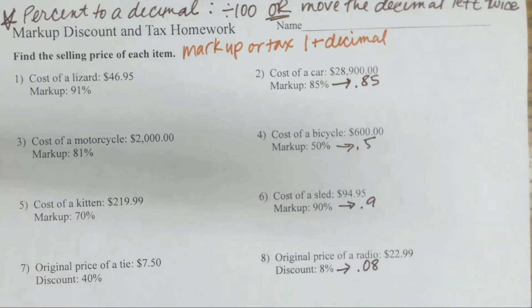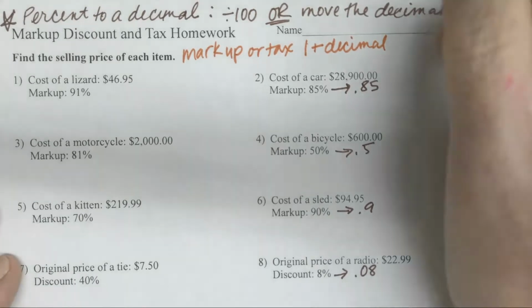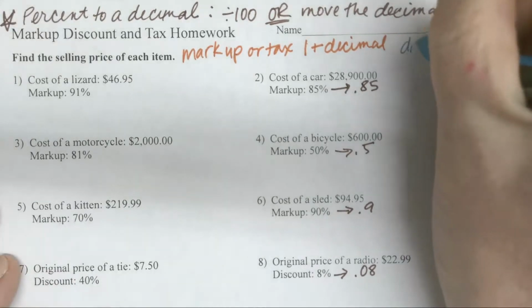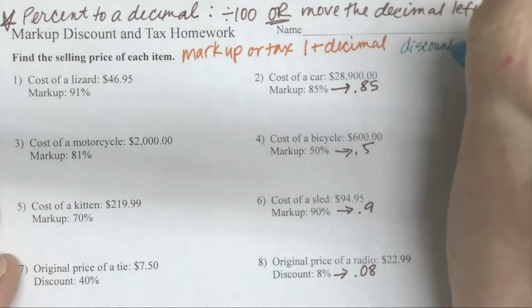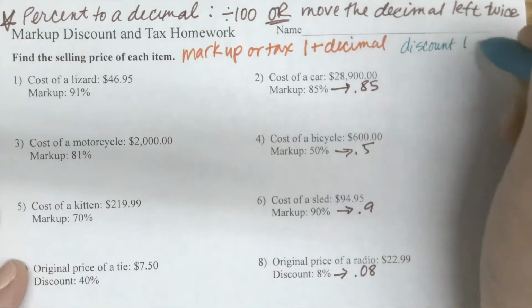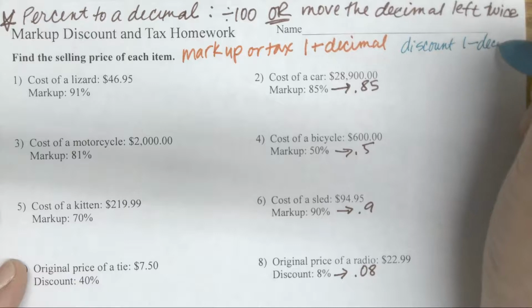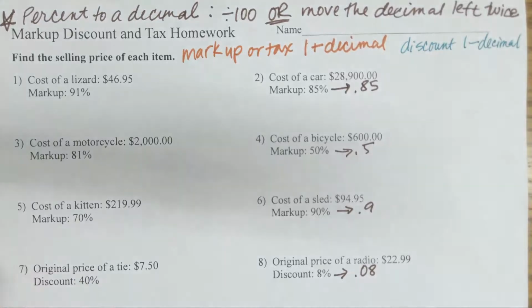If it's a discount, I do 1 minus the decimal before I do my math. Okay? Discount you would take away, so you subtract it. Markup and tax are added to the final, so you would add them.